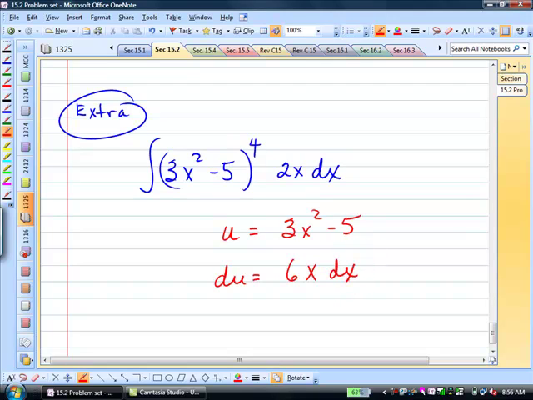6x dx. Do we have 6x dx in the problem? No. But we do have 2x dx. So what do I need to divide by here? 3. So 1/3 of du equals 2x dx. That's the thought process that needs to go on.